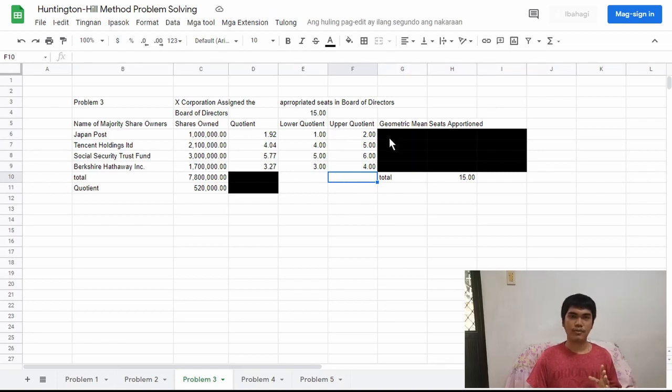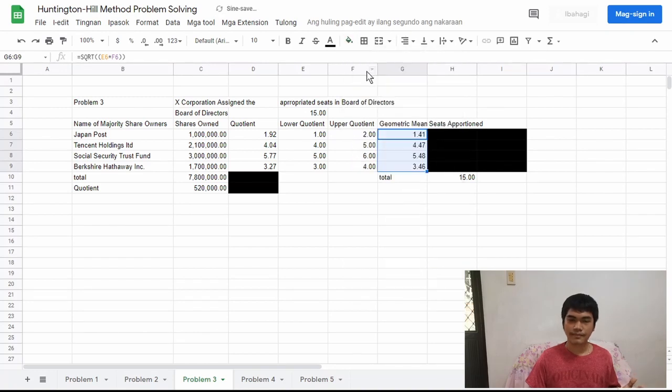Then we'll compute the geometric mean. Same old process. So upon seeing this, I can see that Japan Post has a higher quotient than the geometric mean.